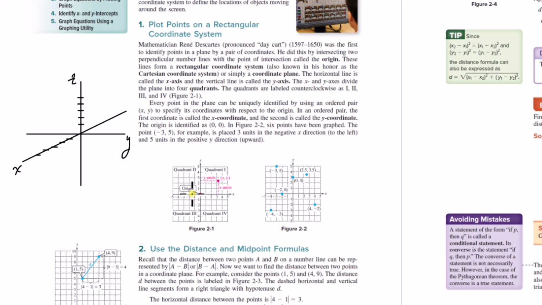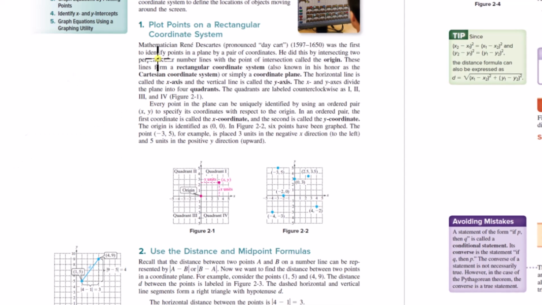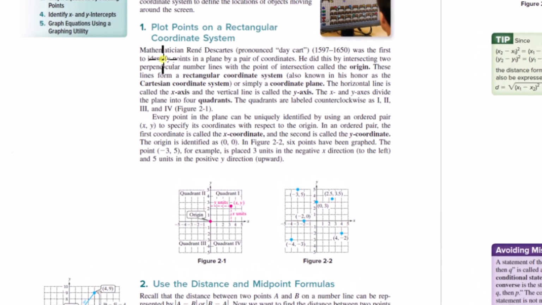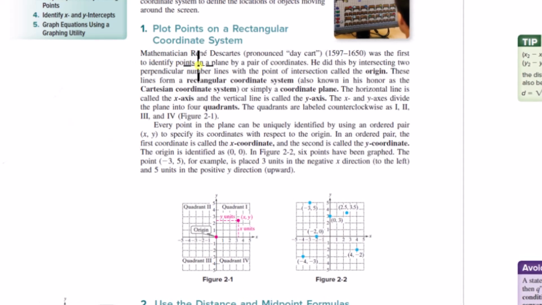Okay, but the most commonly used, popular coordinate system in physics, science, engineering, and algebra is what's called the rectangular coordinate system, also known as the Cartesian coordinate system. Okay, so let's come here. It says, mathematician René Descartes in the early 1600s was the first to identify points in a plane by a pair of coordinates.